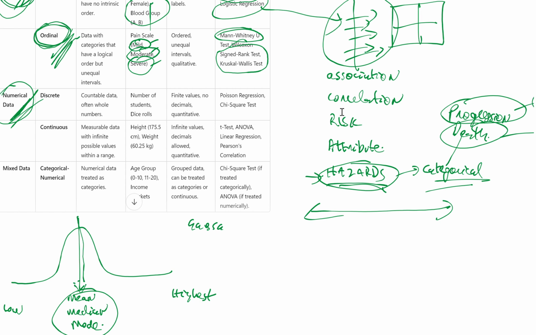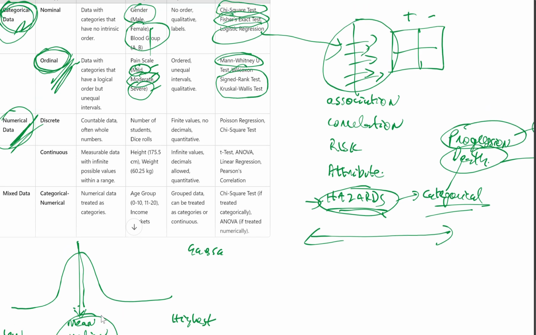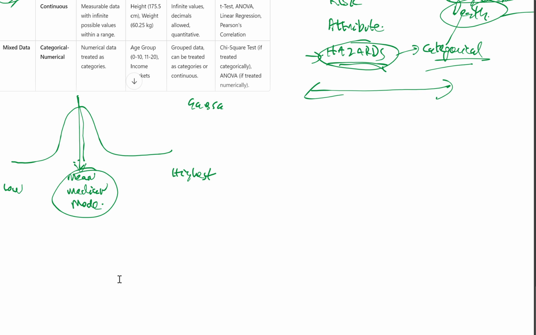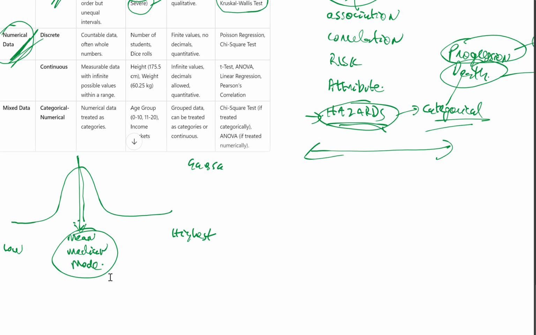So it's very important to know if your data is normal or not normal, because if you have normal, Gaussian data, then everything is beautiful. But in real life, you don't get that.